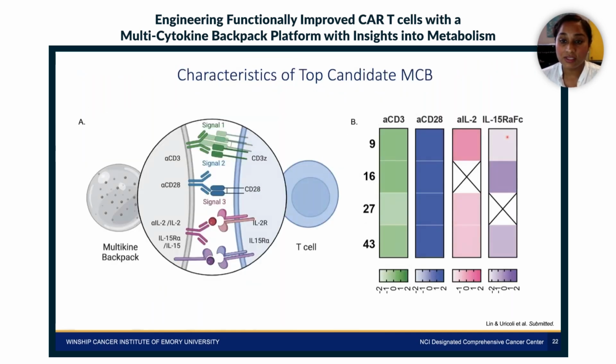Therefore, we decided to move on to further functional assays using these 4 different MCB particle formulations. As a reminder, the multi-cytokine backpack is providing the anti-CD3, the anti-CD28, IL-2, and IL-15 to the T cells in an all-in-one reagent.